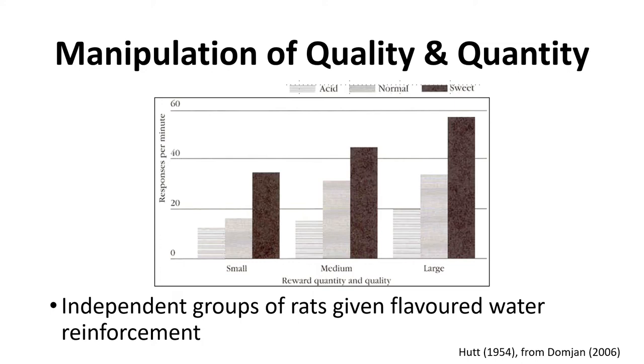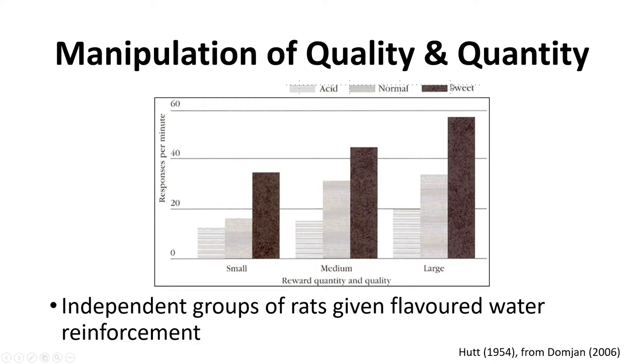So that would actually reduce the quality of the water. Our next group would just be plain old water. And then our last group would actually be increased quality water, where they would add sucrose or sugar to the water to make it sweet. So we have this variation in quality of the type of water that they were receiving. So low quality, normal quality, or high quality water.